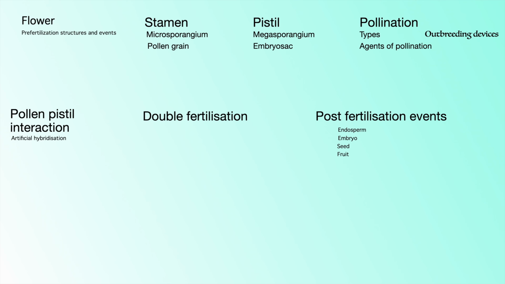Let us see the structure of the dicotyledonous embryo. The dicotyledonous embryo has an embryonal axis and it has two cotyledons. The embryonal axis, which is present above the attachment of the cotyledons, is called epicotyl, and epicotyl ends at the plumule, also called stem tip.